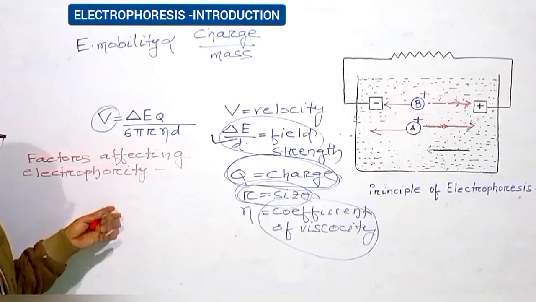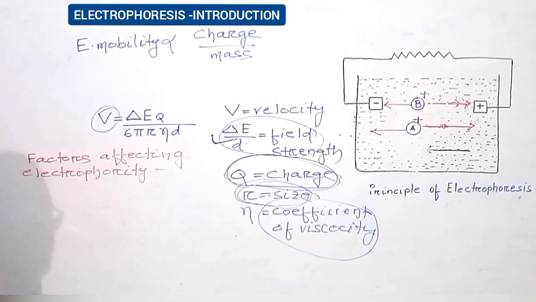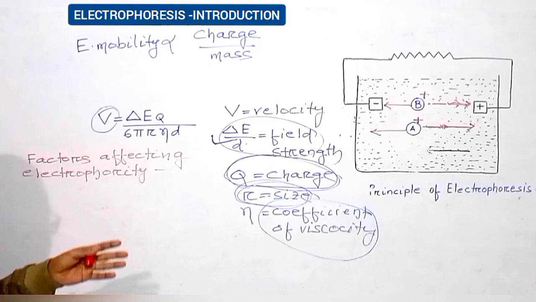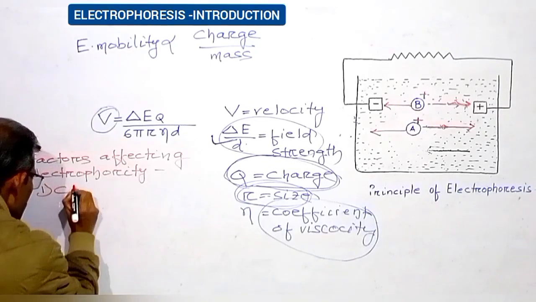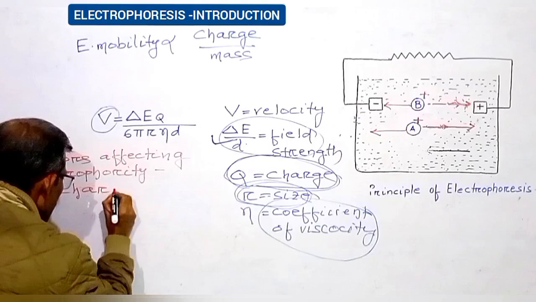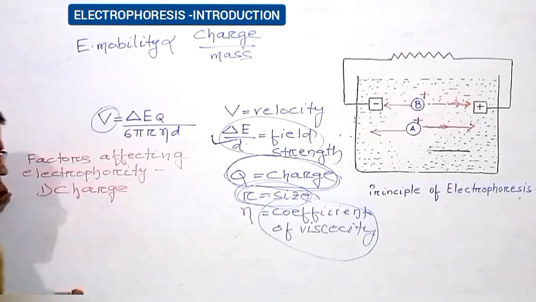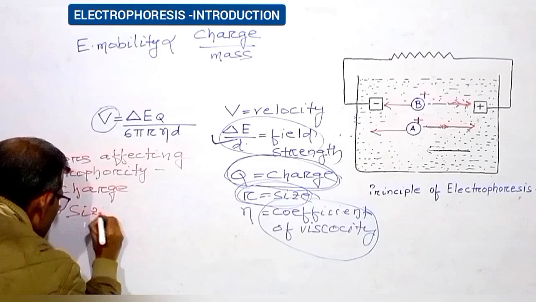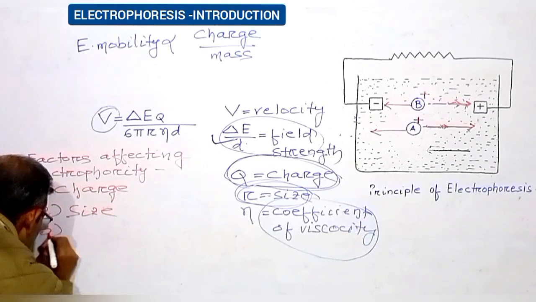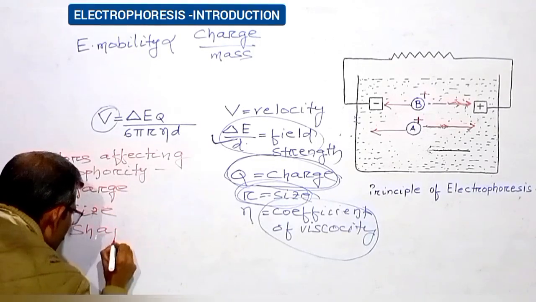There are three main factors that affect electrophoretic mobility of particles or molecules. Number one is charge. Number two, size, and number three, shape.